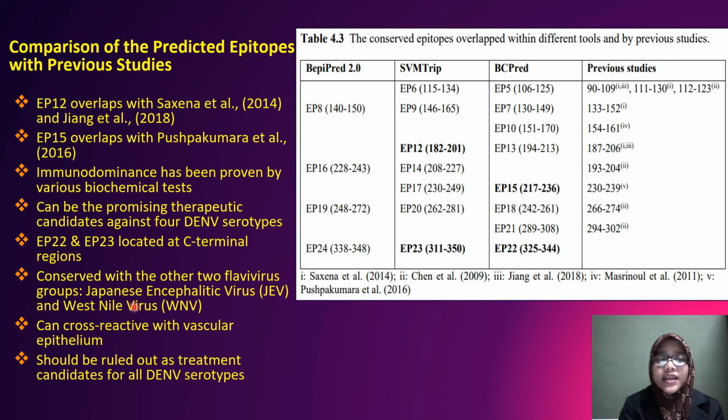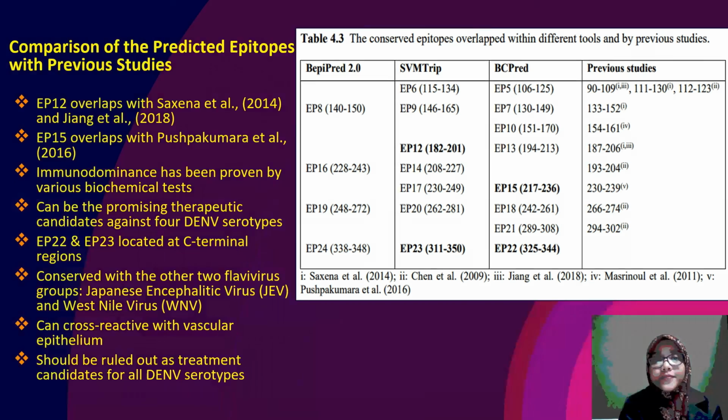Meanwhile, according to Chen et al., antibodies raised against the epitope at the C-terminal region can cross-react with vascular epithelium. Therefore, epitopes 22 and 23 should be ruled out as treatment candidates for all dengue virus serotypes despite having a high conservancy level.